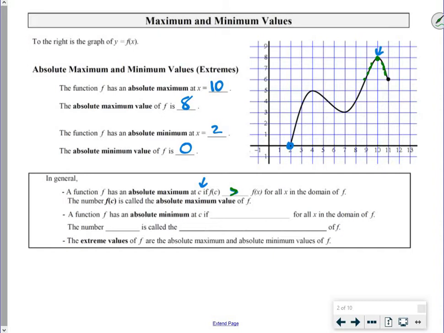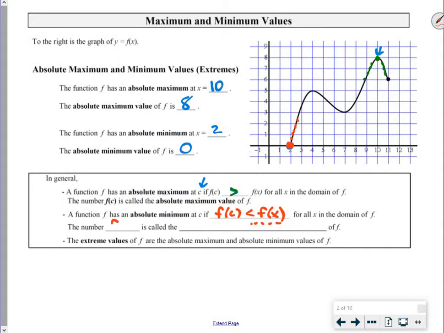A function f has an absolute minimum at c if f at c is less than f of x for all x in the domain of f. Basically that's the smallest y value that we've identified. It's smaller than all the other y values on the function.